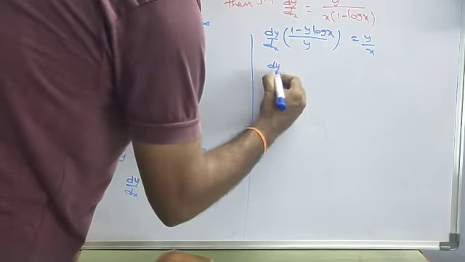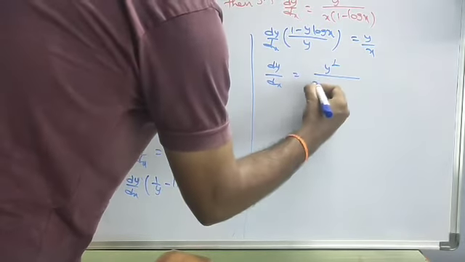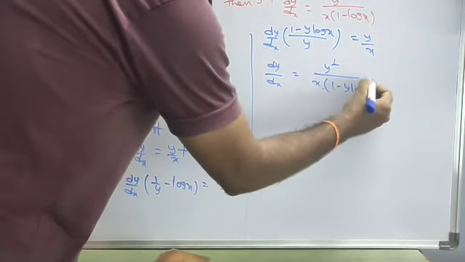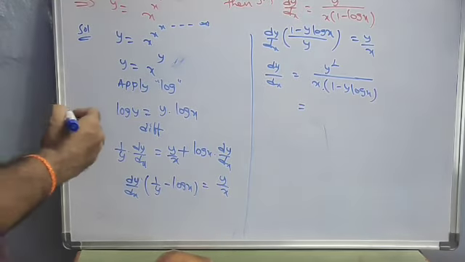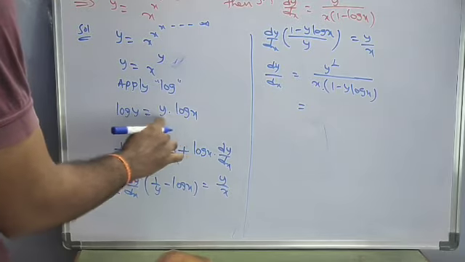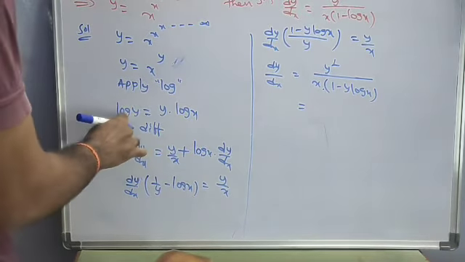So dy by dx equals y square by x into 1 minus y log x. Okay, y square by x into 1 minus y log x. So what is y log x? Okay, here y log x equals log y.